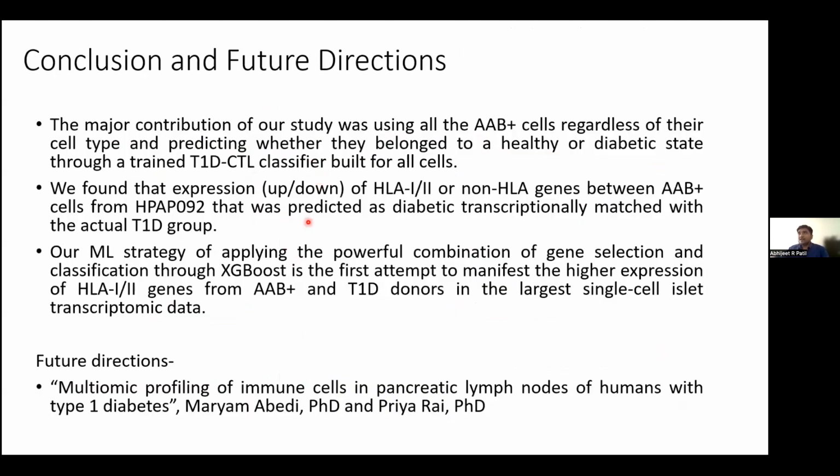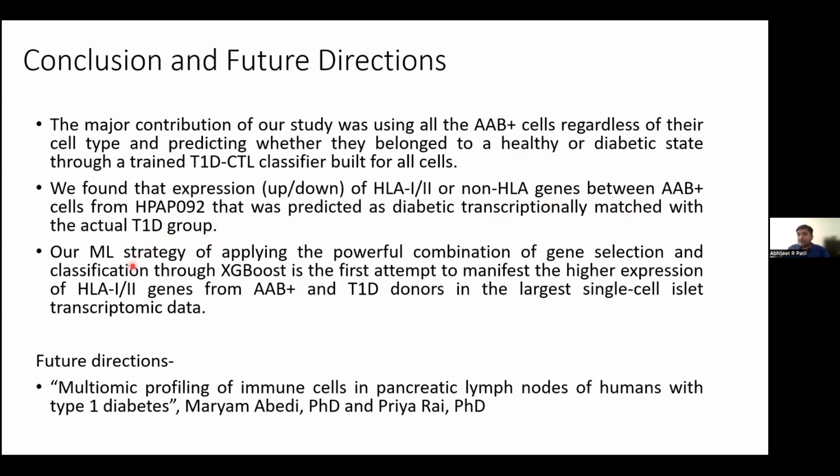So the overall conclusion is that a major contribution of the study was using all autoantibody positive cells, regardless of their cell type, and predicting whether they belong to a healthy or a diabetic state through a trained type 1D versus control classifier built for all cells. We found that the up or down expression of HLA1, HLA2, or non-HLA genes in autoantibody positive cells from HPAP92, which was predicted as diabetic, transcriptionally matched the actual type 1 diabetes group.